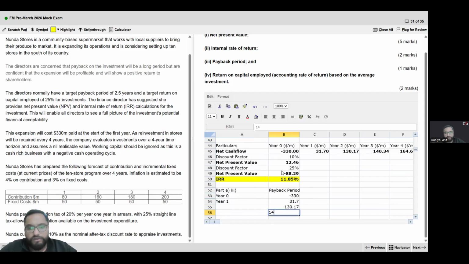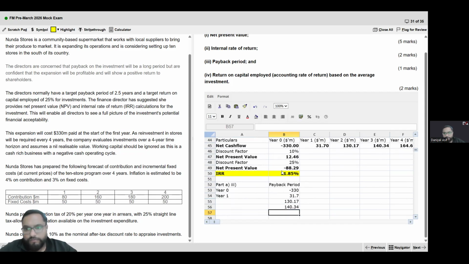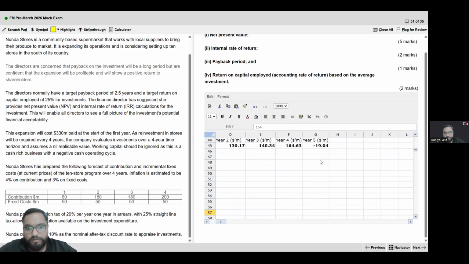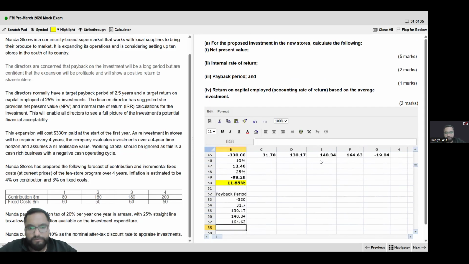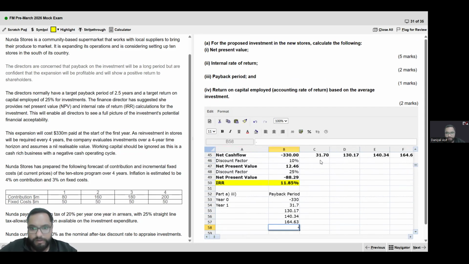Year 3 is 140.34. Year 4 is 164.63. Year 5 is minus 19.0. Now, mention the years here.